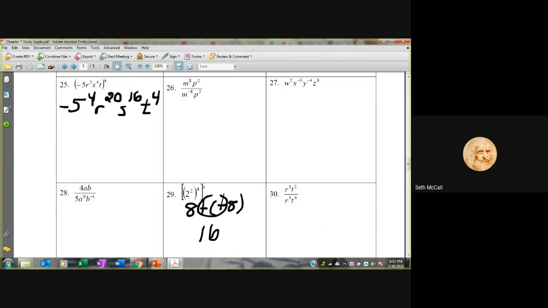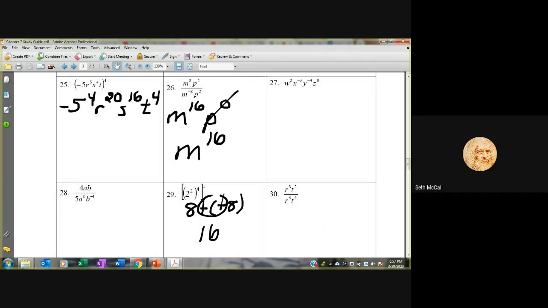So these right here, these two, are going to turn into m to the 16th power, because it's 8 minus negative 8. Now the p's, they become p to the 2 minus 2, which is 0. But as we just had a couple problems ago, anything to the 0 power is 1, so we don't need that there. So our final answer is just m to the 16th power.